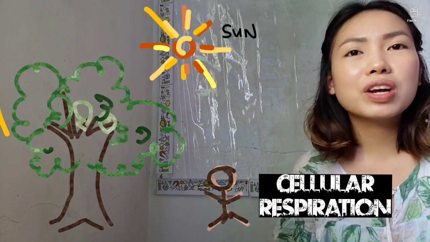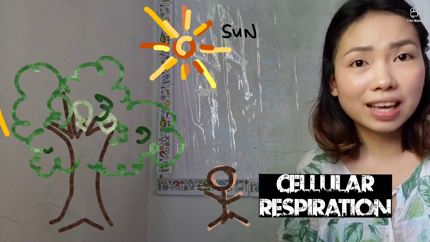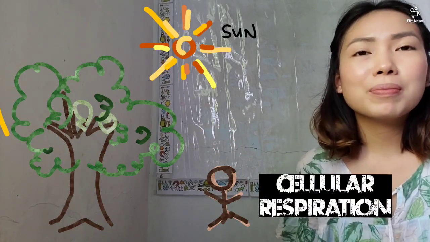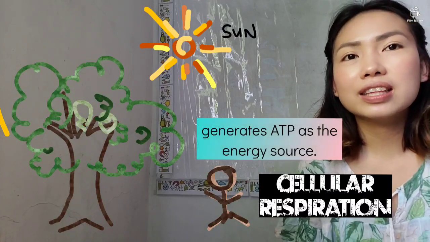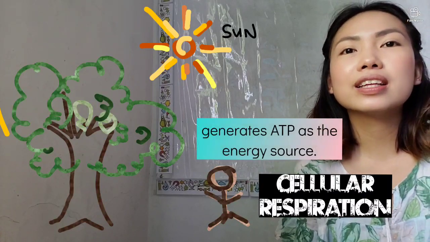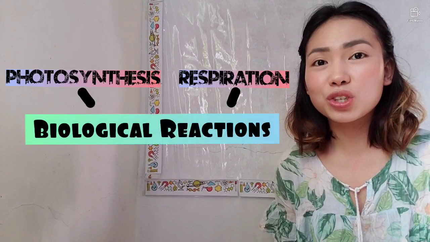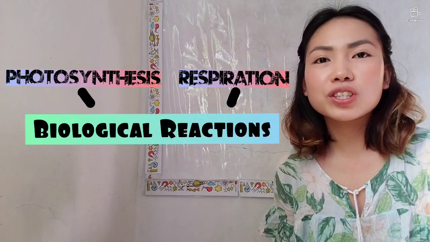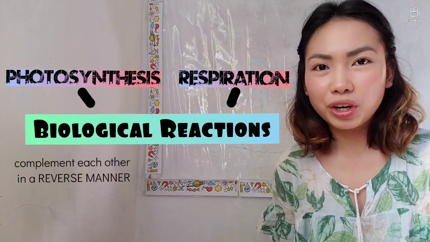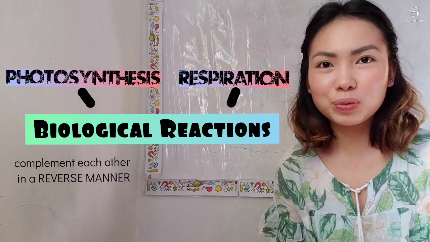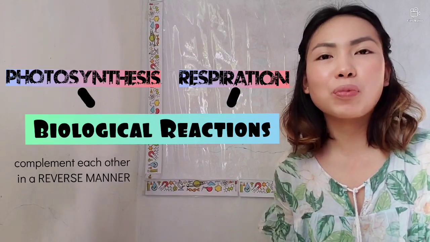The cellular respiration happening within the cells of humans generates ATP or energy. Photosynthesis and respiration are biological reactions that complement each other in a reverse manner. So, mean to say, baliktaran sila ng process.